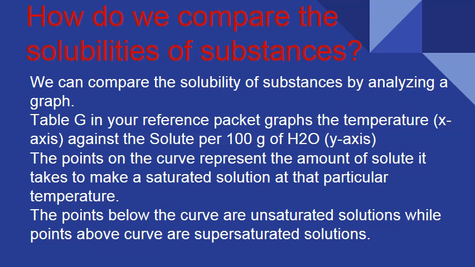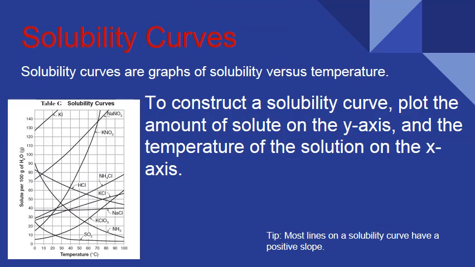The points on the curve represent the amount of solute it takes to make a saturated solution at that particular temperature. It's also important to know the points below the curve are undersaturated solutions, while points above the curve would be considered supersaturated solutions.